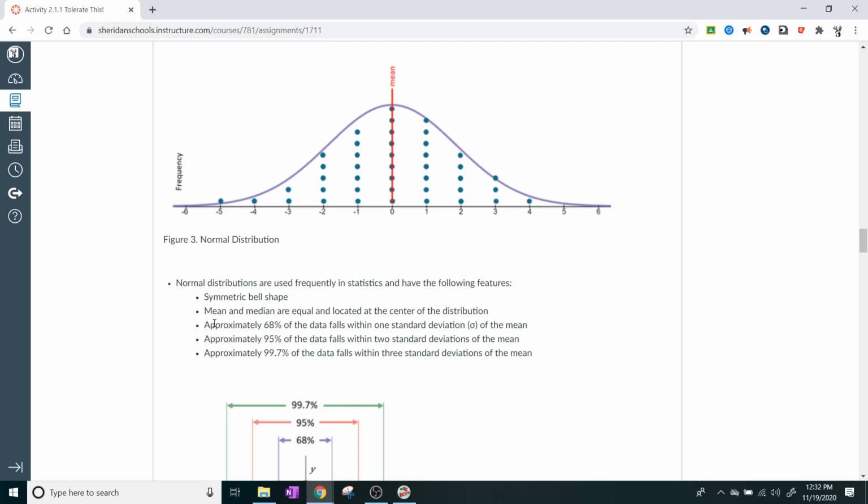If we're talking about percentages, 68% of your data is going to fall within one standard deviation. So plus or minus, from +1 to -1, 68% of the blocks you create are going to fall within this area. And 95% of all of the blocks are going to fall within two standard deviations, so +1, +2 and -1, -2.